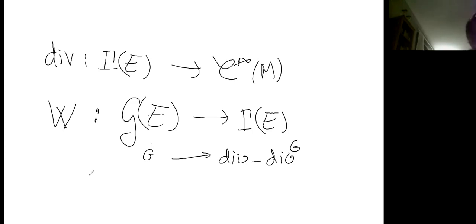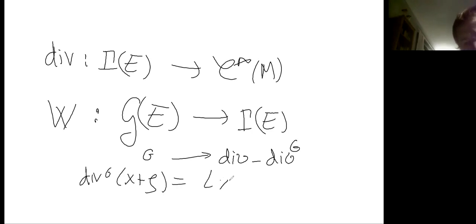So recall that div G X plus C is L_X of the Riemannian volume divided by the Riemannian volume.